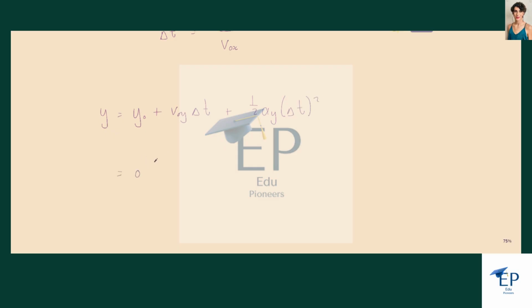And so this is 0 plus a half times the acceleration times delta x over v_0x, squared, which can simplify to a_y delta x squared divided by 2 v_0x squared.